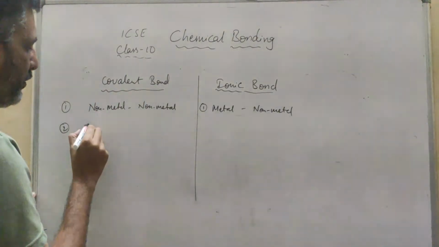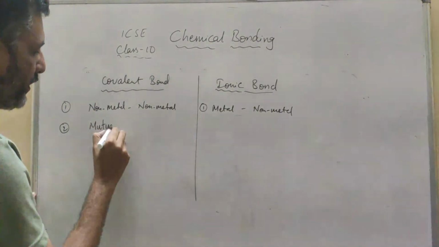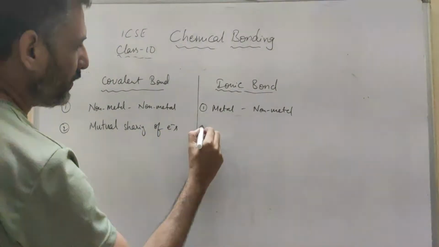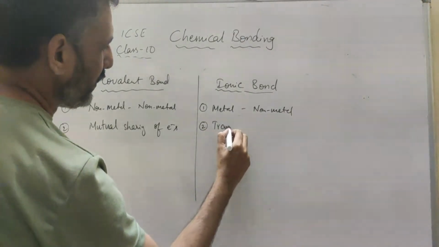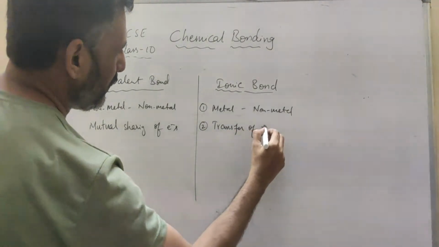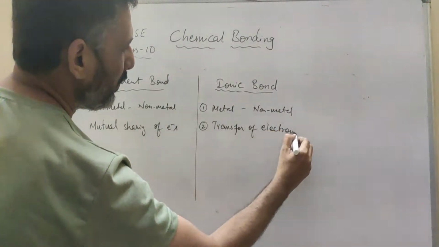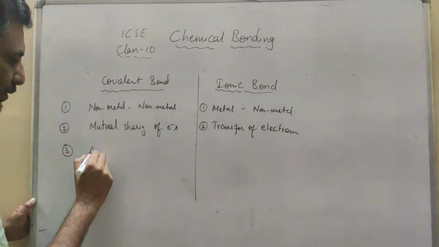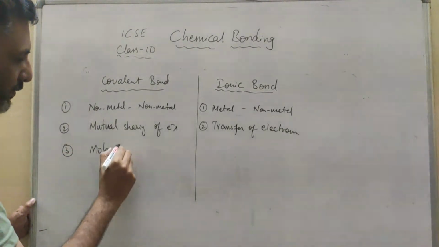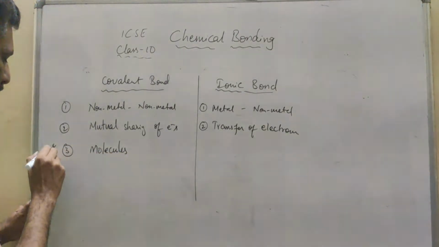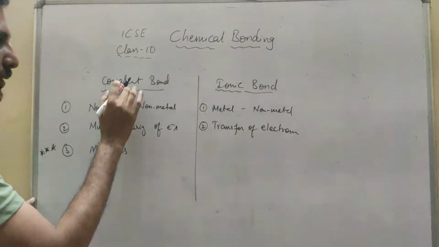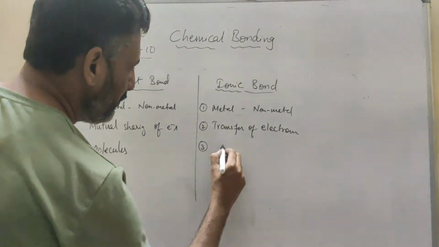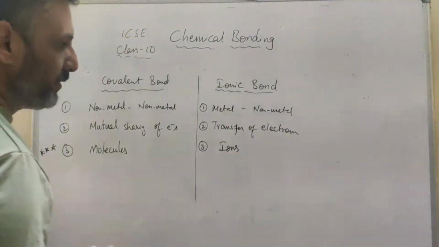Second point, covalent bond is by mutual sharing of electrons. Here this is transfer of electrons. Now when covalent bond is formed, it will give you molecules. So this is very, very important. What kind of particles are present in covalent compounds? Molecules. In case of ionic bond, the type of particles are ions.